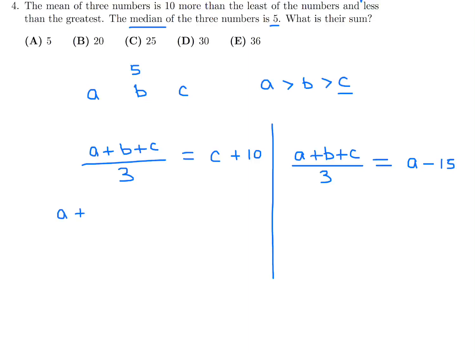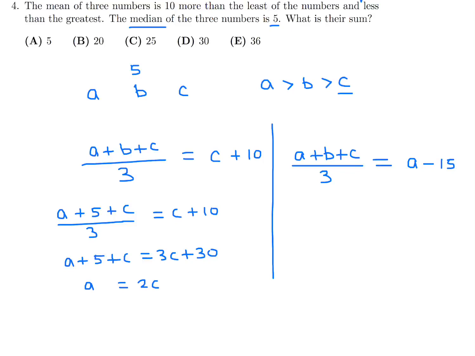A plus 5 plus C over 3 is equal to C plus 10. So that means A plus 5 plus C is equal to 3C plus 30. And this looks like A is equal to 2C plus 25.